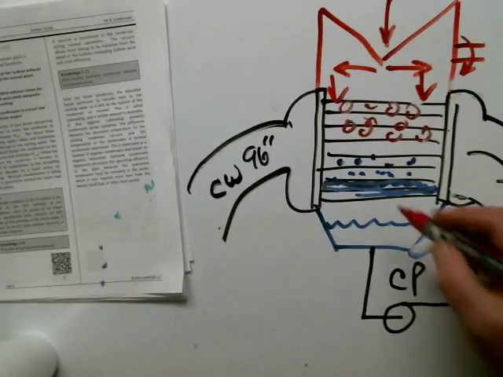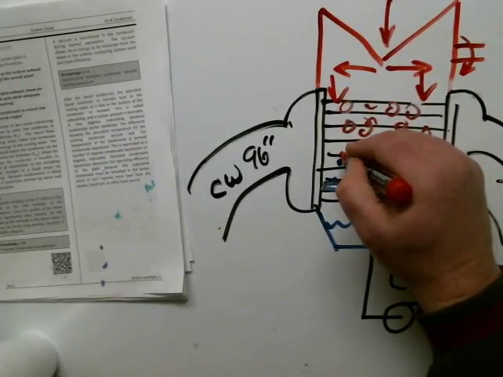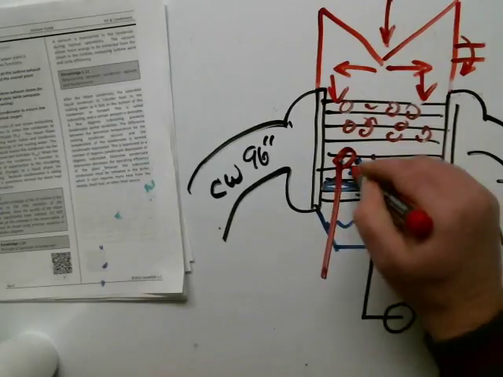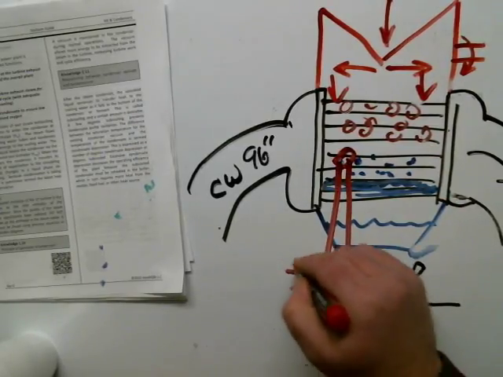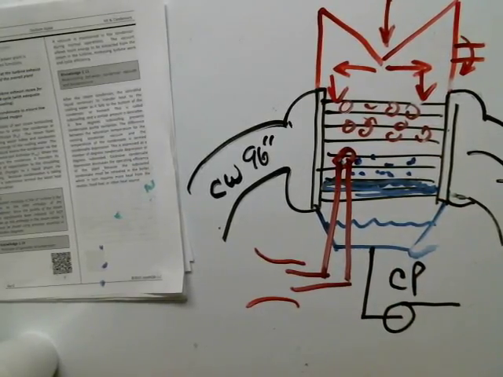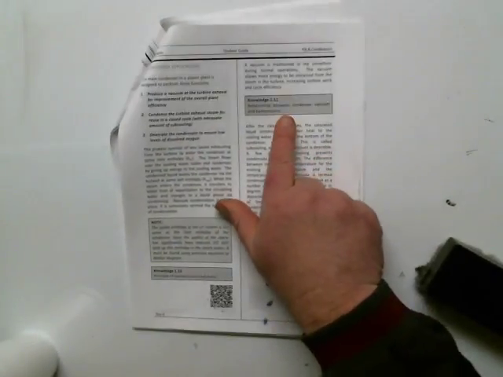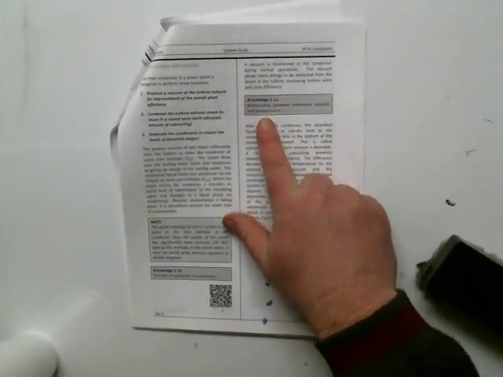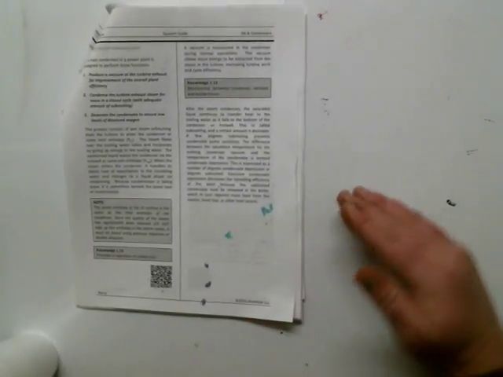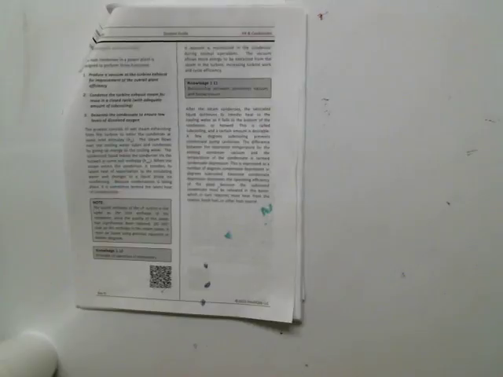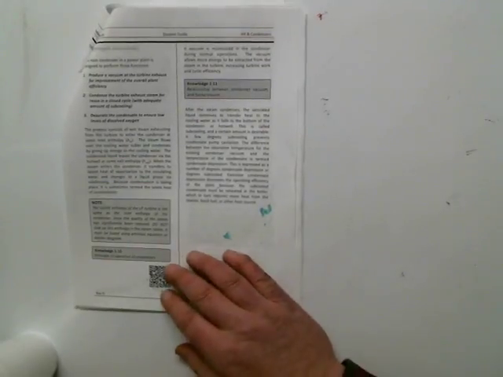We can take a steam jet air ejector and we can get rid of those air and non-condensable gases. So lots of useful purposes. The relationship, if I had to talk to you about condenser vacuum and back pressure, the higher the pressure in the condenser, the less work you're going to get out of the steam.